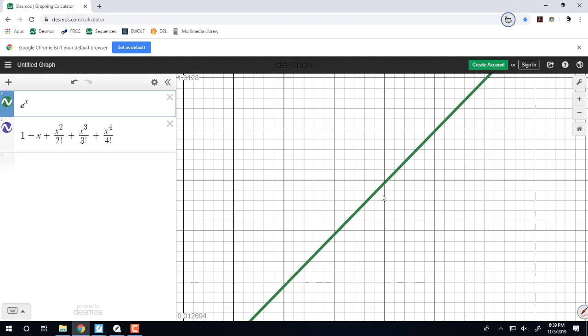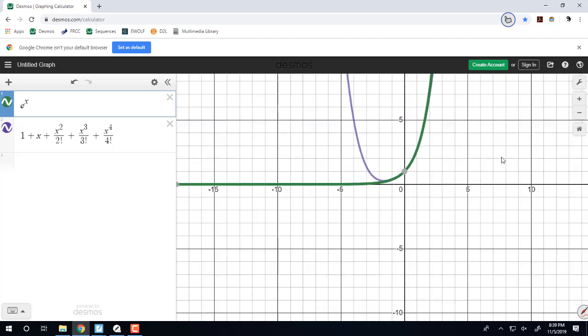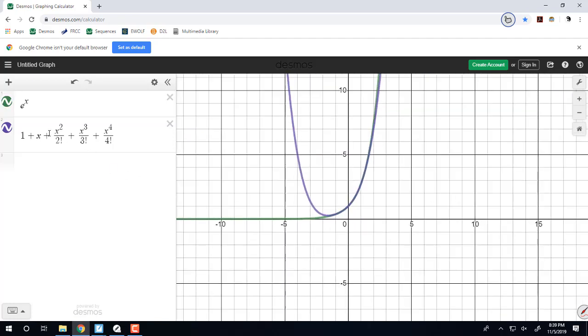It's not getting bigger, so this doesn't even have the capabilities to do that. But anyways, you see that our finite series is approximating e to the x very well with just 4 terms.